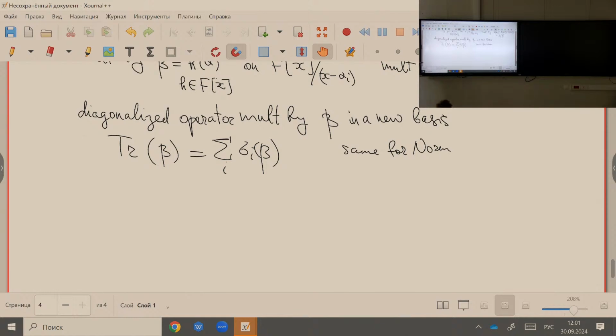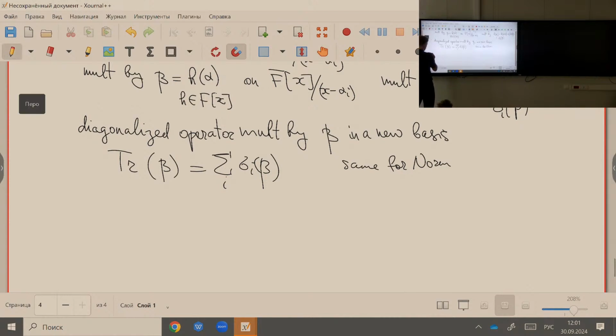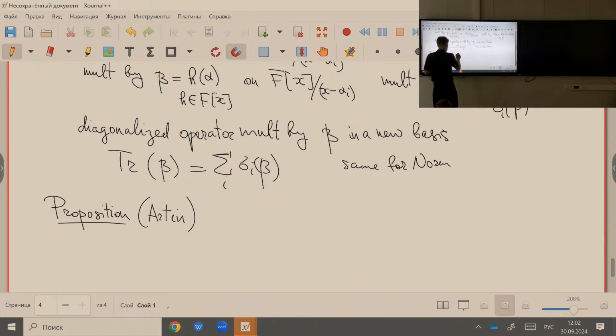For this we need linear independence of characters, the following proposition, which is by Artin. Suppose G is an arbitrary group.